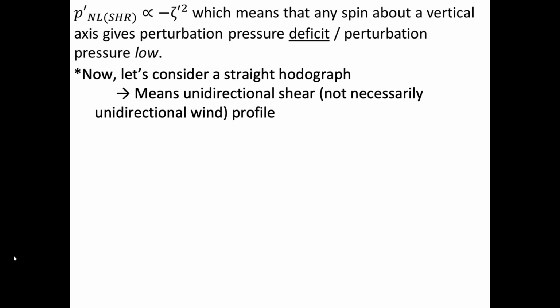In that case, the flow at every level above ground is out of the west; it's unidirectional wind and unidirectional shear. But now say we have a hodograph that is not along the x-axis, but is parallel, congruent, and shifted northward from the x-axis.